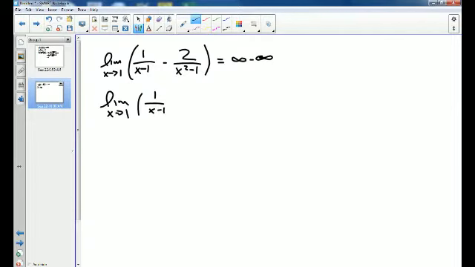I'm going to leave a space there for a reason. So I factor there. What do I need to put here? So now I have a common denominator, right?